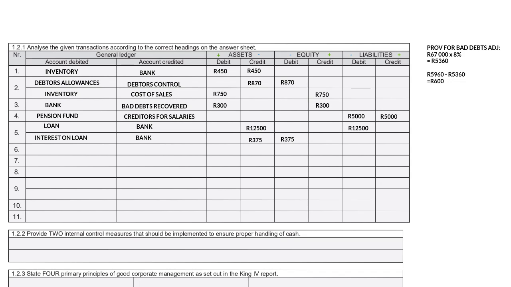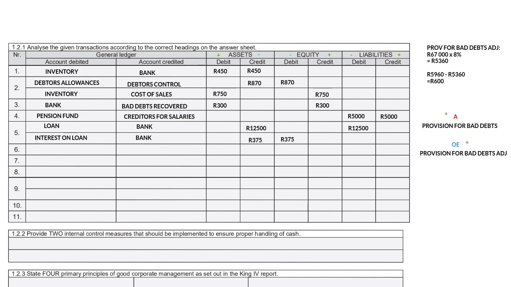So the two ledger accounts involved will be provision for bad debts and provision for bad debts adjustment. Provision for bad debts is classified as an asset. Provision for bad debts adjustment is classified as an owner's equity. Assets will have a positive effect, and owner's equity will also have a positive effect.